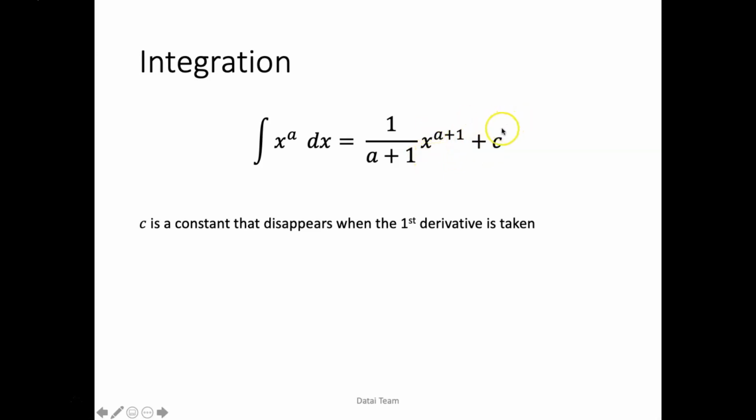When we take the derivative, this becomes 0. A plus 1 minus 1 is a, and this goes here as a multiplier. They cancel out, so we get x to the power of a when we differentiate this. And as I said earlier, c is a constant that disappears when the first derivative is taken, or any derivative.